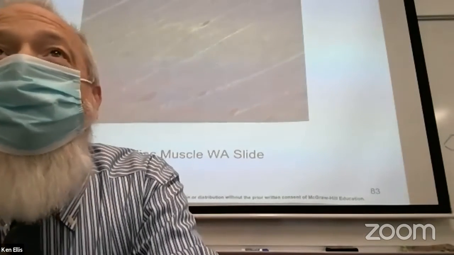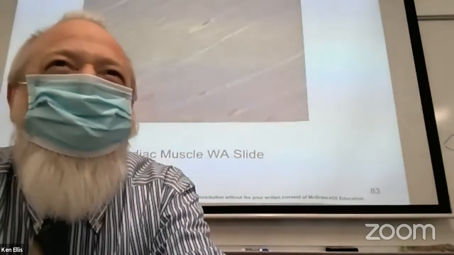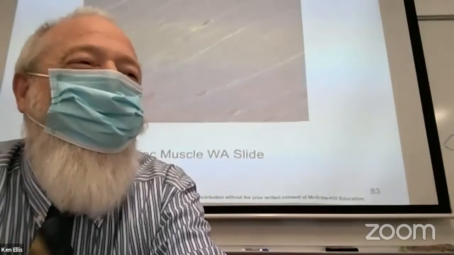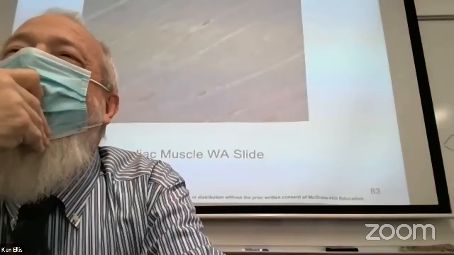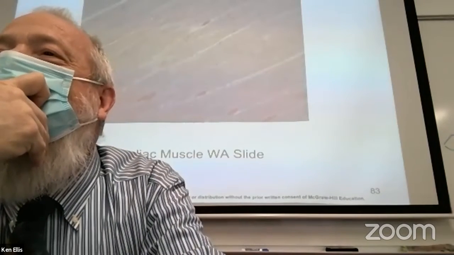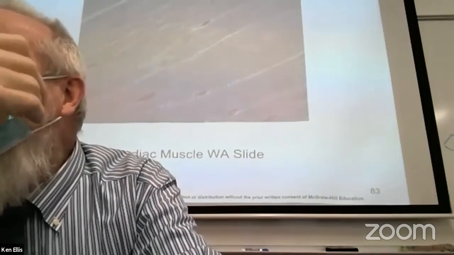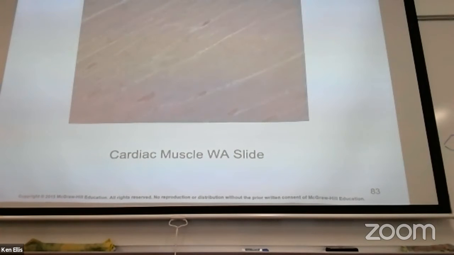Okay, now what you have are a lot of cross sections. Go back and find me a longitudinal one. Is this wrong? It doesn't look like anybody else's. Yeah, that's not what we're looking for. If you have to, go to another slide. On low power, look all over.